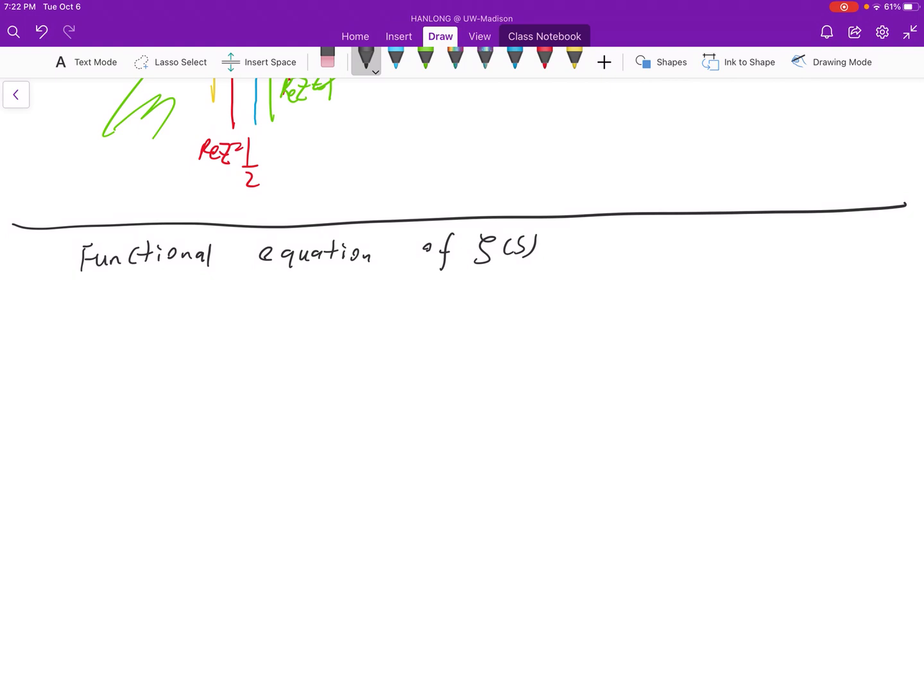We can derive the functional equation and use that to do some representation theorem, etc. So one of the functional equations is zeta 1 minus z is 2 to the power 1 minus z pi to the negative z cosine pi z over 2 gamma z zeta z.